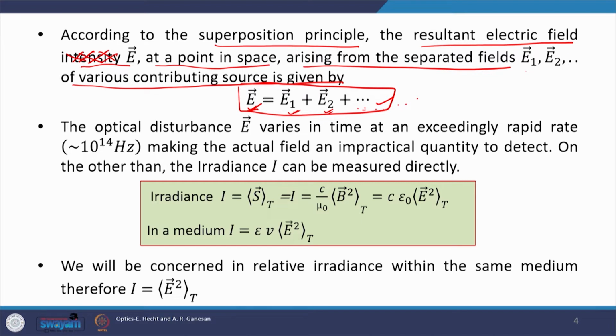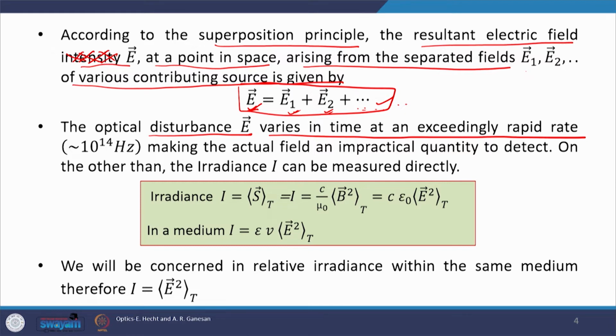The optical disturbance E varies in time at an exceedingly rapid rate. We know that the frequency of an optical wave is around 10 to the power 14 hertz, which is a very big number.